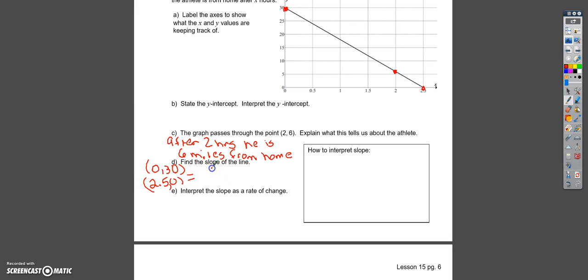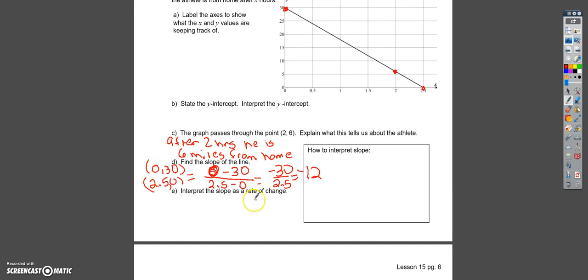So y2, which would be 0, minus y1, which is 30, over x2 minus x1. So we get negative 30 over 2.5, which would become negative 12.